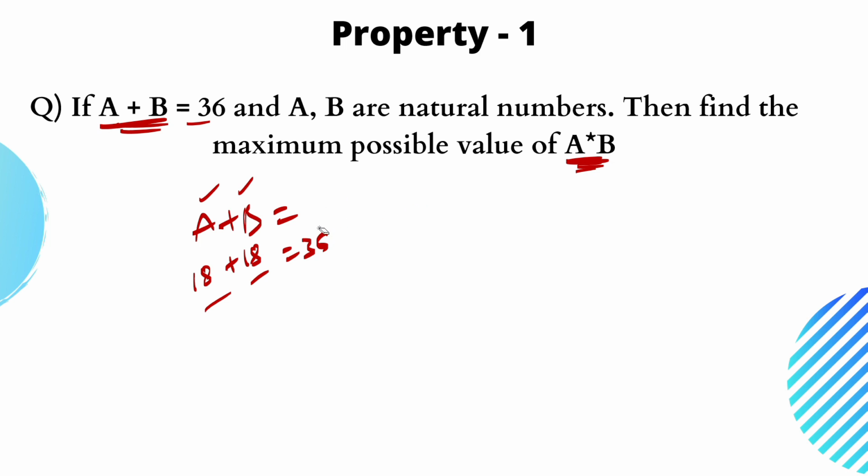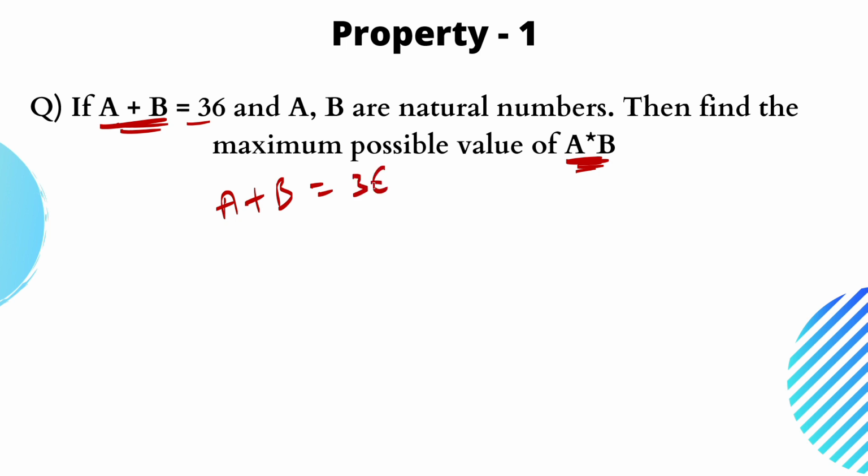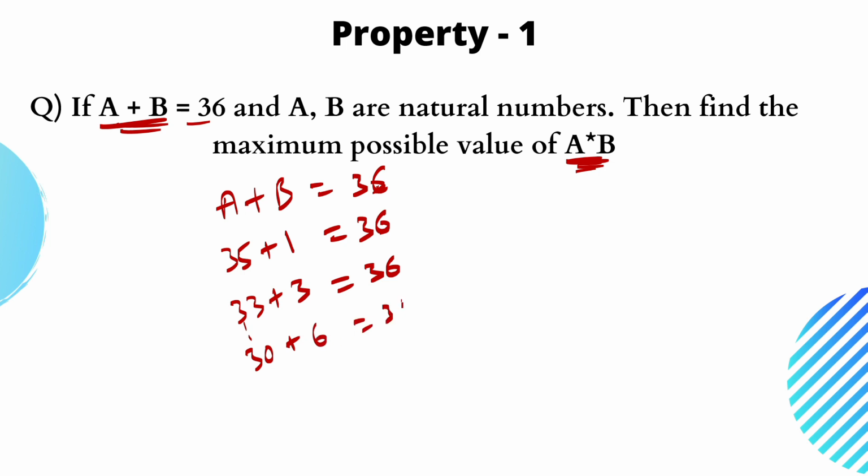Let me erase this first. So a + b = 36, right? If we consider 35 + 1, this is equal to 36. If we consider 33 + 3, this will be equal to 36, and so on. 30 + 6 will be equal to 36. So 20 + 16 will be equal to 36.